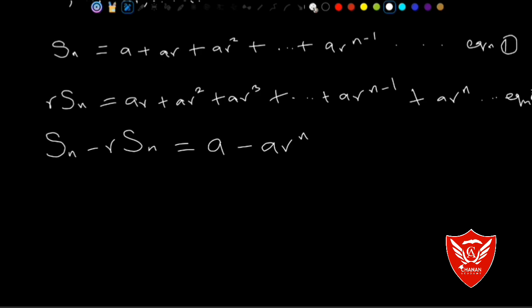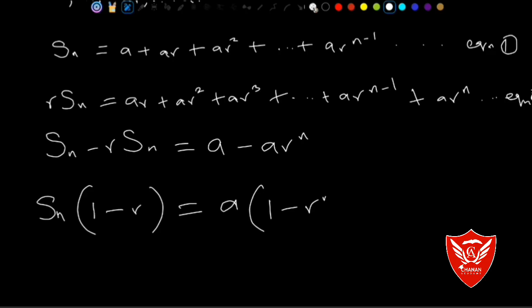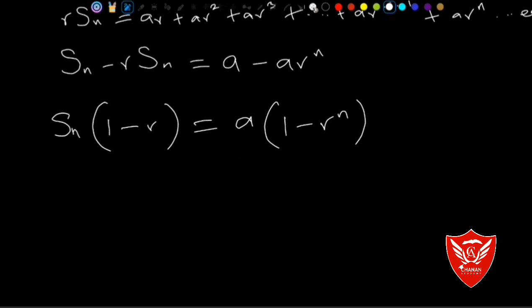From this, we can decide to factor out. Factoring out the left hand side, we are going to have Sn bracket 1 minus r equal. We'll factor out a on the right hand side, we're going to have a bracket 1 minus r raised to the power of n. So let's divide both sides by 1 minus r.